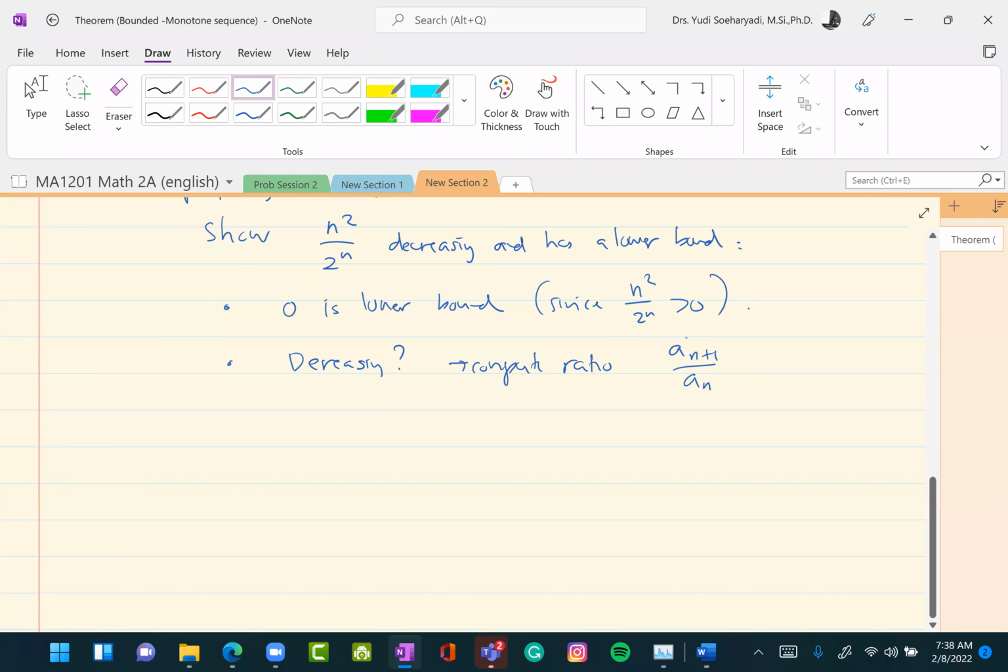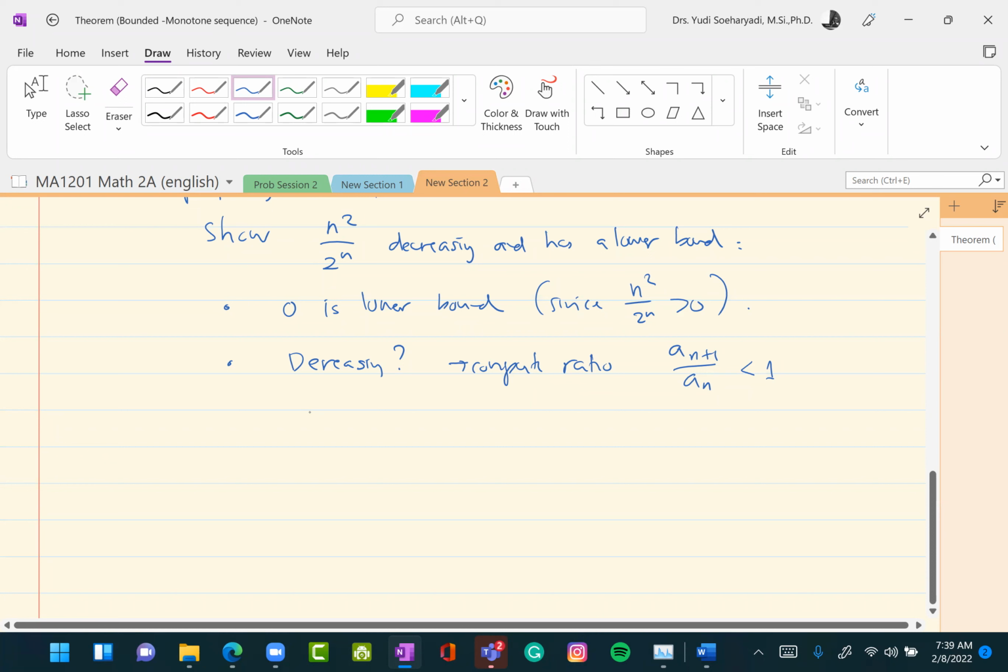When we compute the ratio, for decreasing, a_{n+1} should be smaller. So then the ratio should be less than one, right? Because it's decreasing. So a_n is bigger than a_{n+1}, the next one. So the ratio must be less than one. So this is what we would like to show.